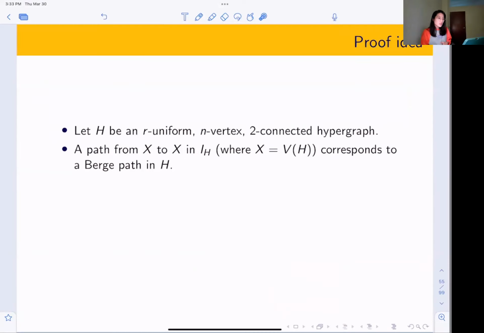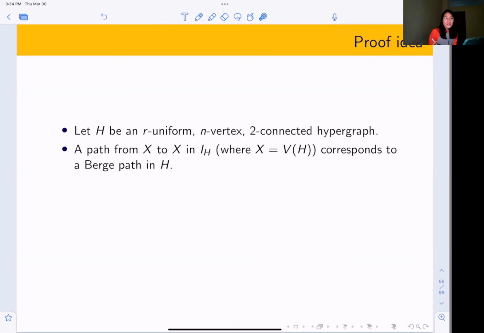Okay, so I'm going to then give the proof idea. A lot of the details I showed in a more viewer-friendly version for the proof of Dirac's. So we're going to use those ideas, but of course there have to be some special extra steps because we're now working in hypergraphs instead of graphs. So let H be an R uniform and vertex 2 connected hypergraph.